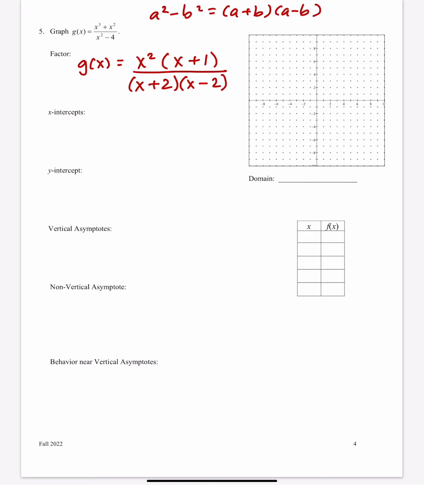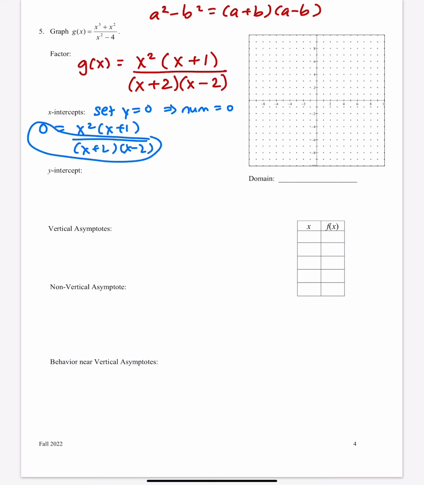So to find the x-intercept, we set y equal to 0. In this case, we set the numerator equal to 0. Because when you set 0 equal to x squared times x plus 1 all over the denominator, if we cross multiply, it just goes away. So a faster way of doing it is simply to say 0 is equal to x squared times x plus 1.